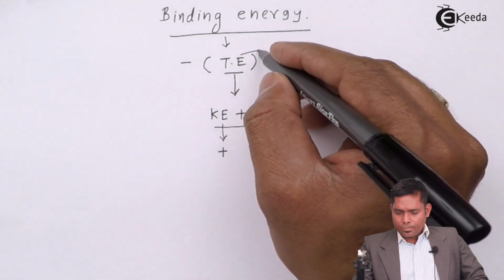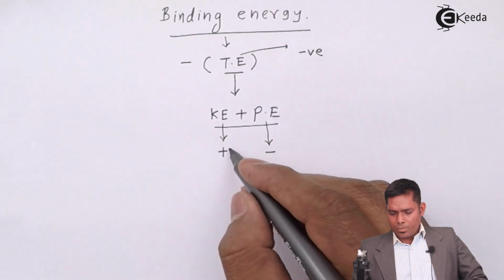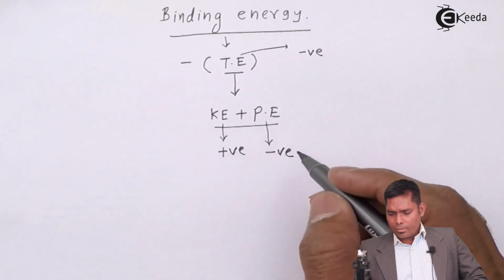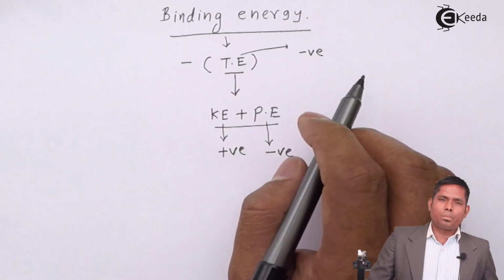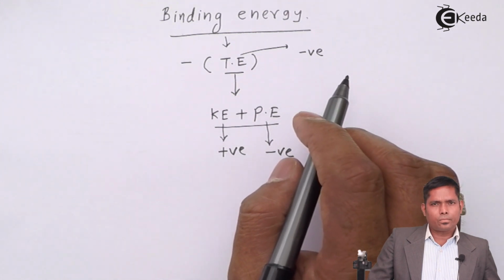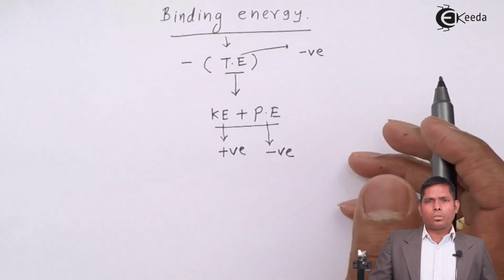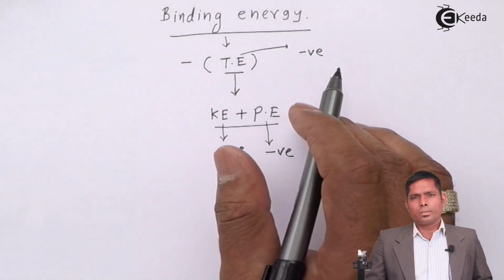That means the total energy is always negative. Because the total is always negative, the object or the satellite is bound to the planet. It is not only about the satellite, it can be any other object.